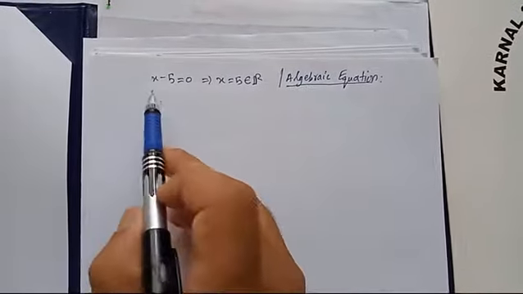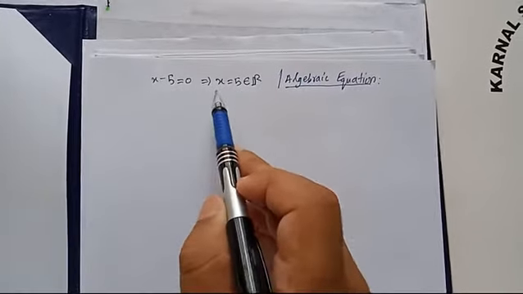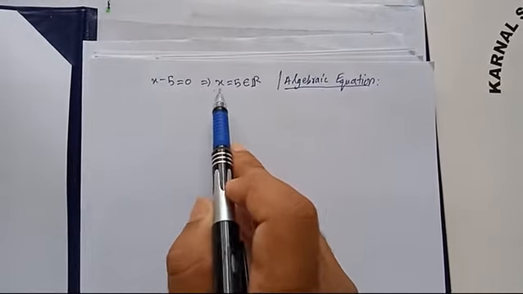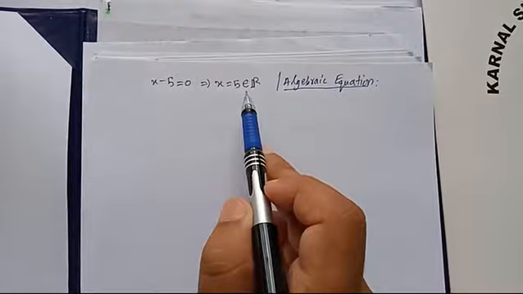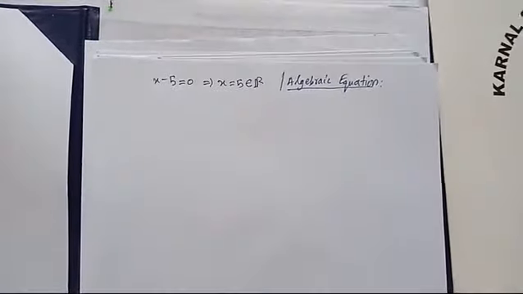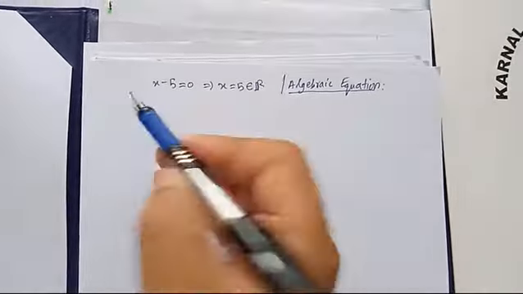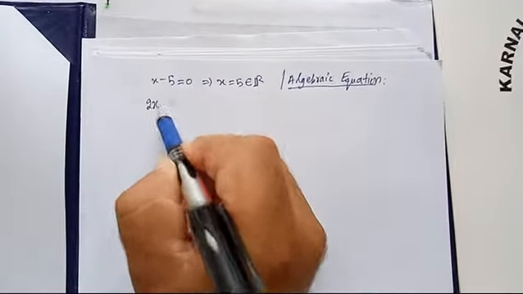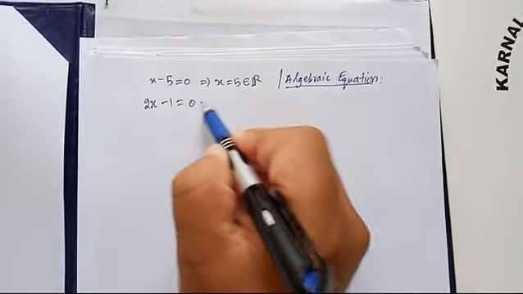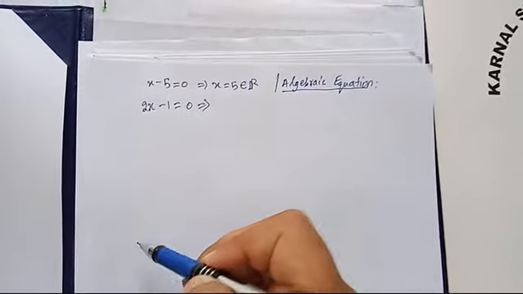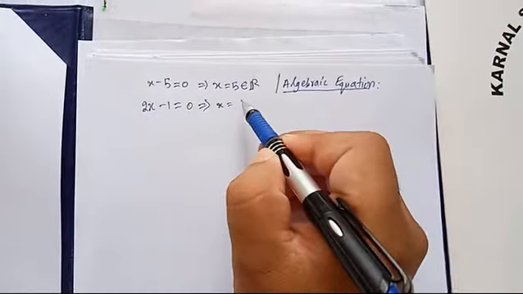For example, you see here x minus 5 equal to 0. When you solve this equation for x, you will get x is equal to 5. x is a real number, because up to now we know that the biggest set is the real numbers. Any number which comes to our mind must belong to the set of real numbers. Now if I solve 2x minus 1 is equal to 0, this is also a linear algebraic equation, so you will get x is equal to 1 by 2.